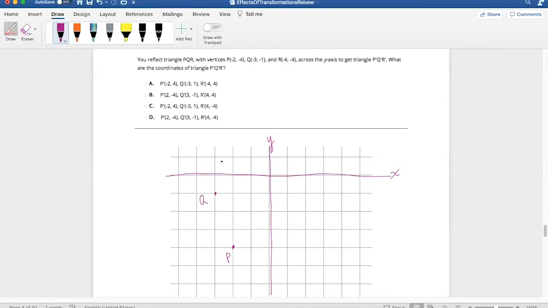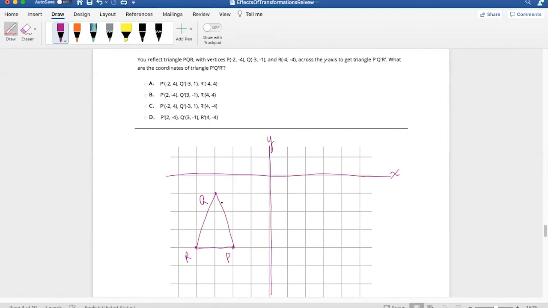And R is at -4, -4. And there's our original triangle. So it goes across the y-axis and we end up with our new one.